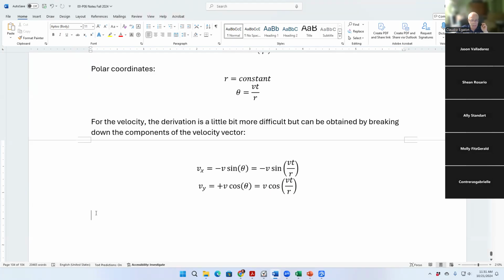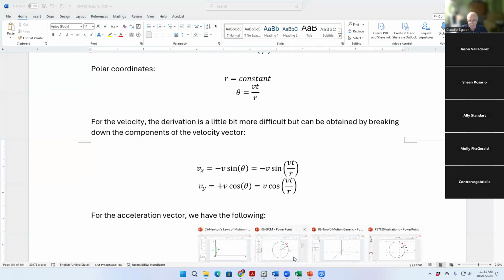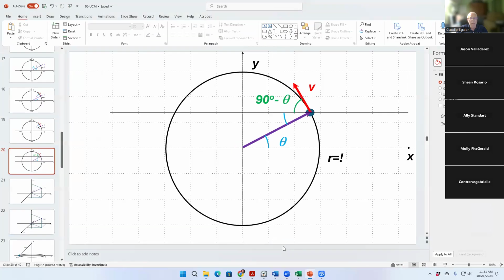And for the acceleration vector, we have the following. Okay, let's go back here to the acceleration vector. It's not obvious, but I'm going to show you.